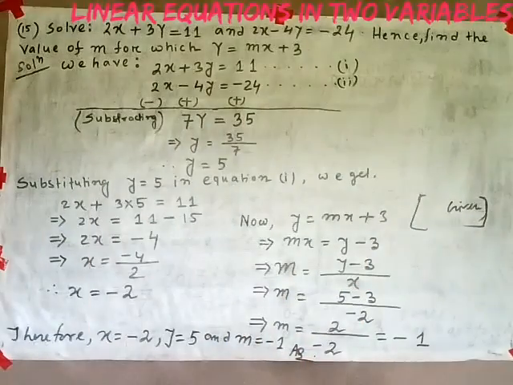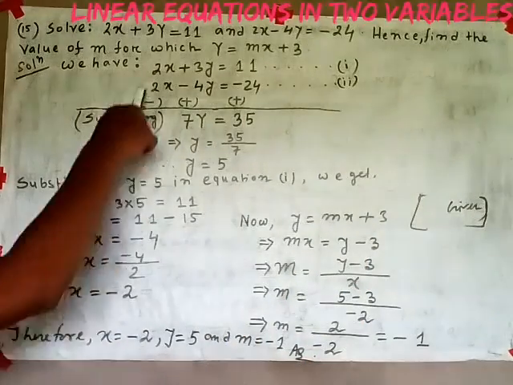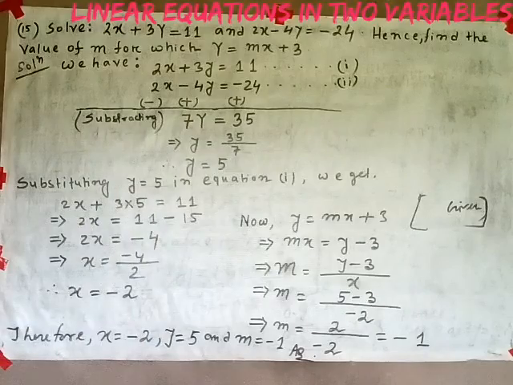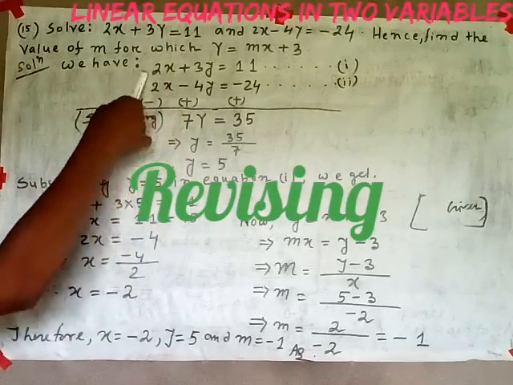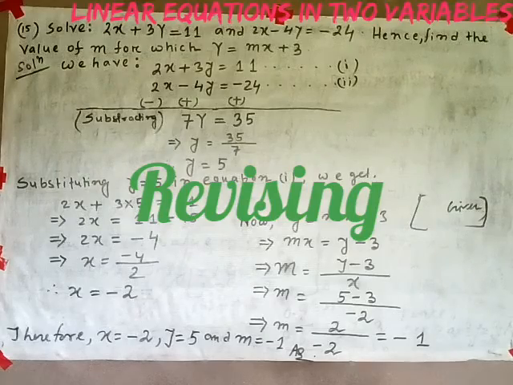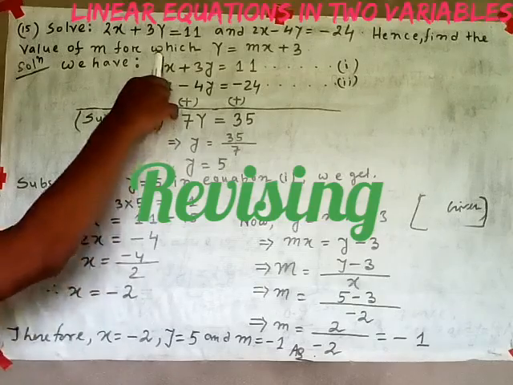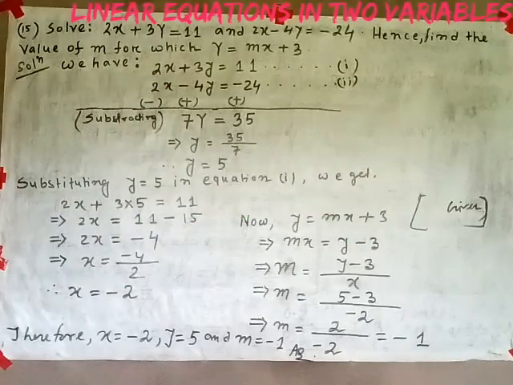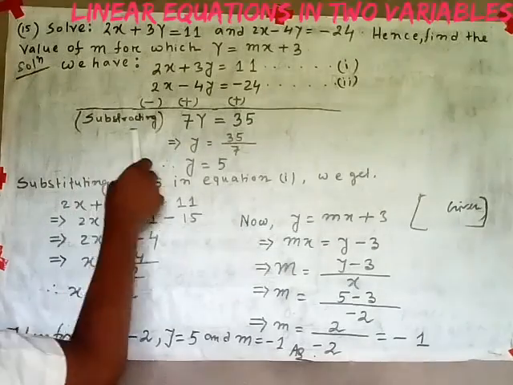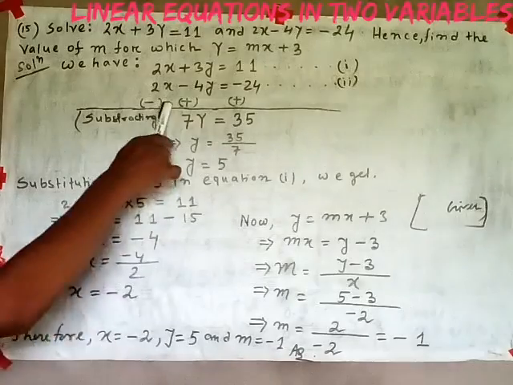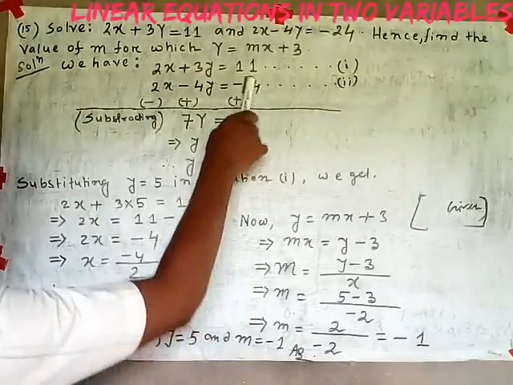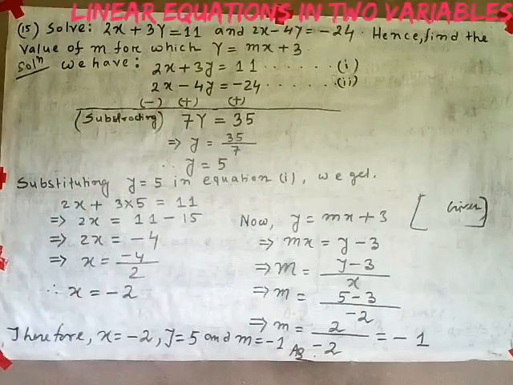First of all, what we have to do in this problem: we have written two given equations. Then from there we can see the similar term is 2x, 2x. Since these two are the same, we have to see the symbols. Both are positive, so we choose the subtracting method. In this subtraction we have to change the symbols: plus 4y, plus 24, minus 2x.